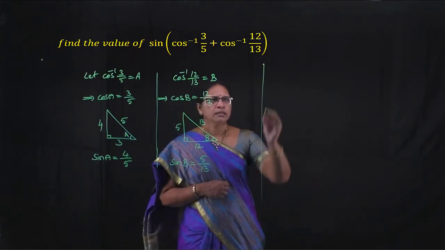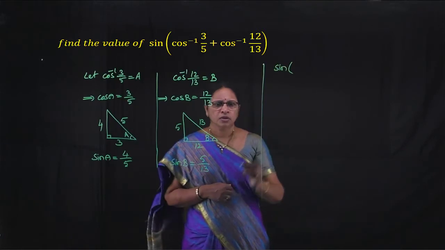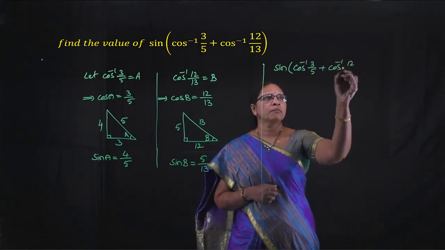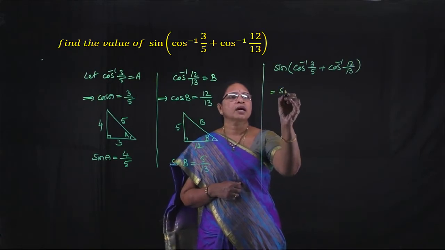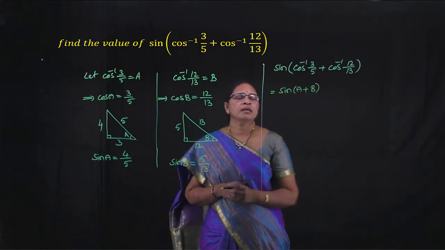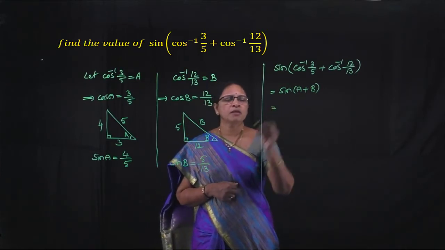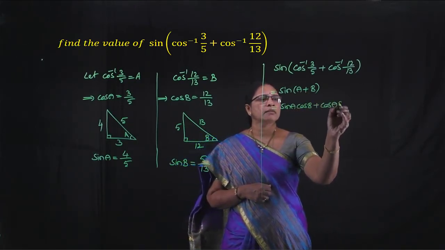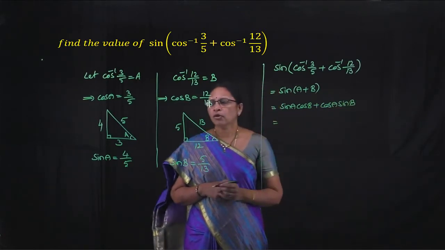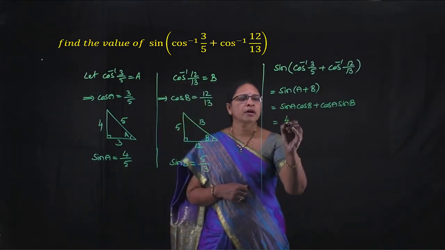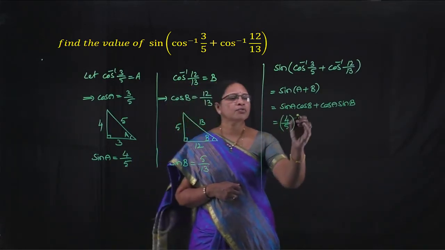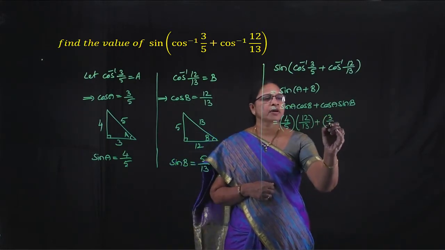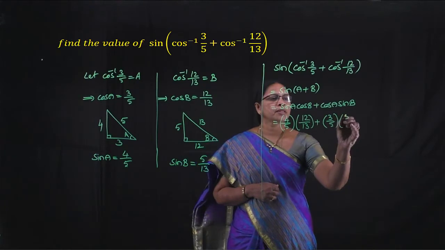Now take the given problem, sine of cos inverse of 3 by 5 plus cos inverse of 12 by 13, that equals sine of A plus B. We know that the formula for sin A plus B is sin A cos B plus cos A sin B. Here the value of sin A is 4 by 5, cos B is 12 by 13, plus cos A is 3 by 5 and sin B is 5 by 13.